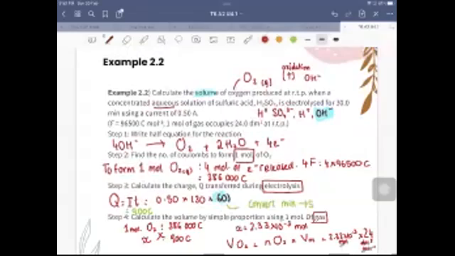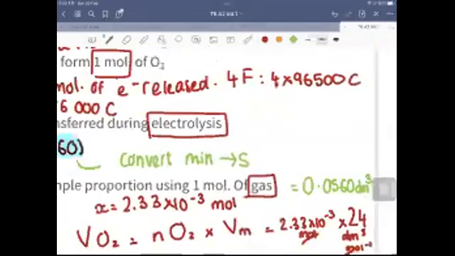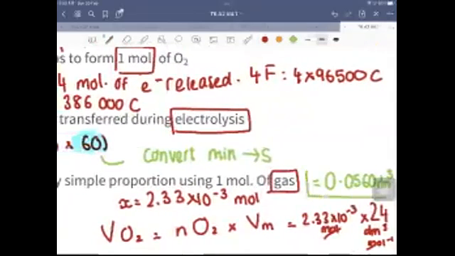Okay, so the mole will cancel out. So your answer should come out as 0.0560. Okay, so your final answer should be that.